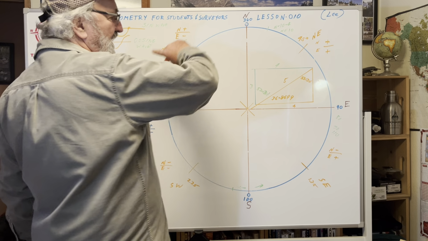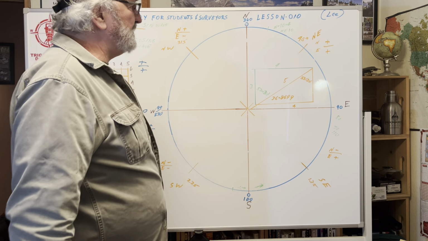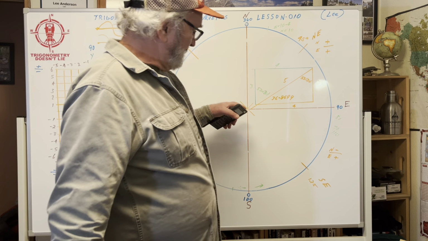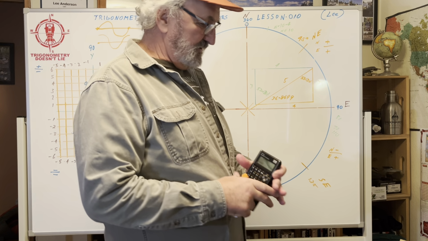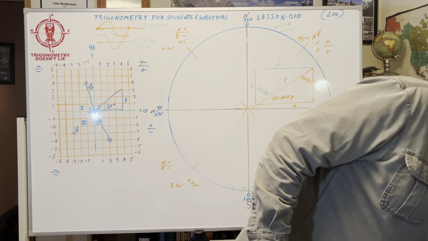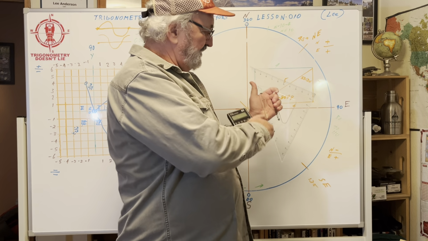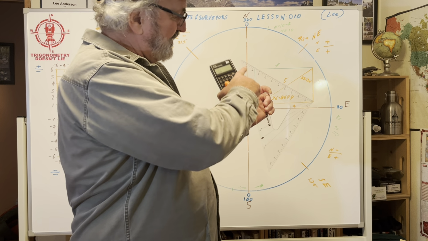So we're going to go around and show you what happens when you hit your sine and your cosine. Because a 45-degree angle is going to be the same, just like it is on this thing here. Remember, I told you before, the square root of 2 is 1.414.